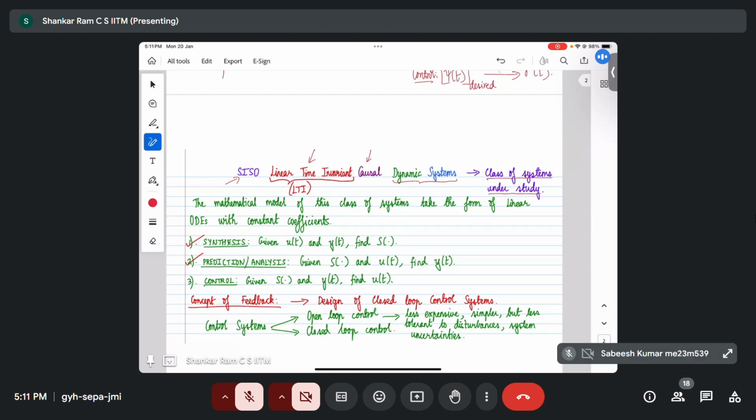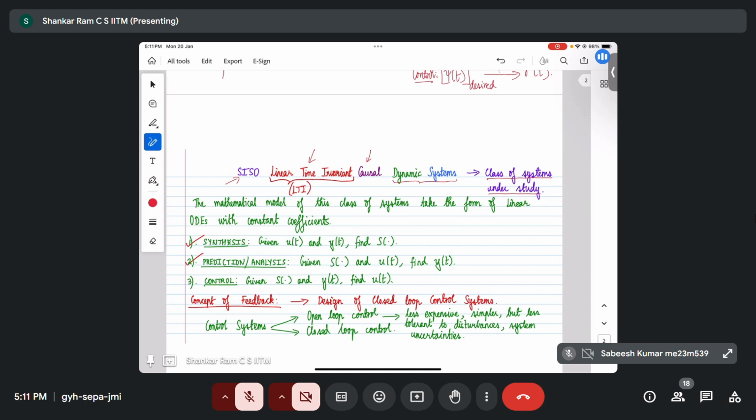What is causality? The system behavior doesn't depend on the future. It depends only on the past and the present conditions. A causal system response means the system response depends only on past and current inputs. So it doesn't depend on probable future inputs, and that's something we need to remember.